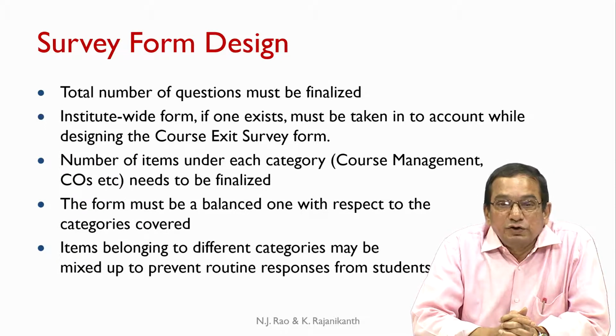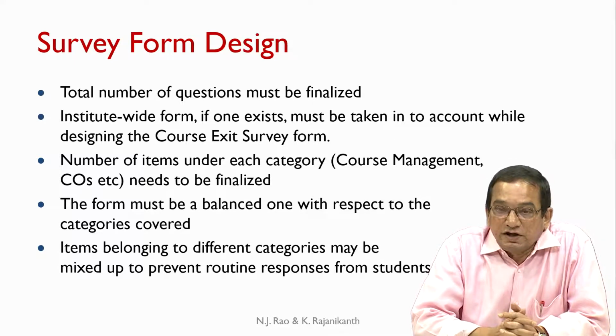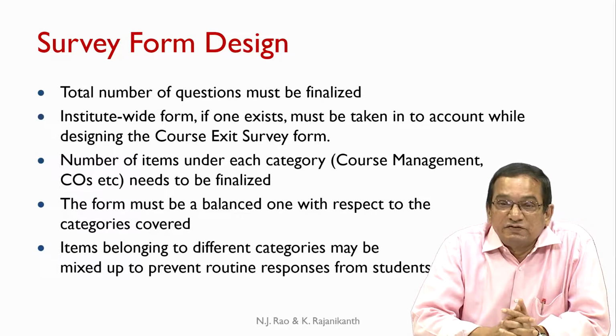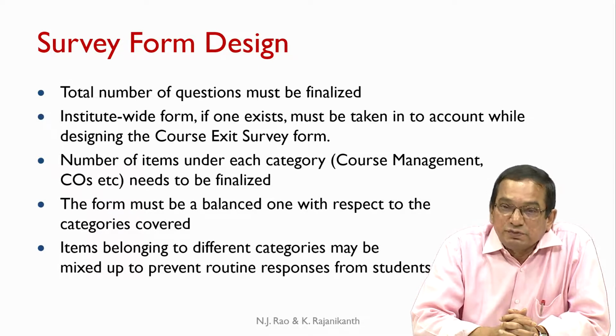Items belonging to different categories may be mixed up to prevent routine responses from students. Like if you have 8 questions coming one after another, all of them regarding the instructor characteristics, after answering the first 3-4 questions, the students may fill up the remaining ones in a routine and mechanical fashion following the same pattern. Sometimes it is possible.